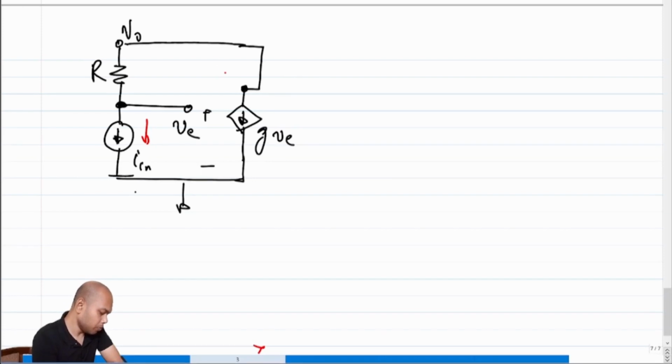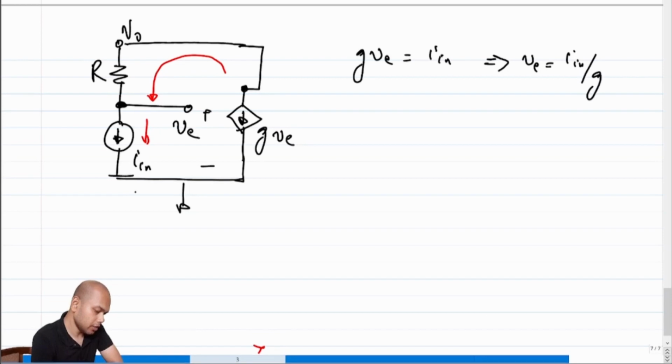There is only one loop, so I in is flowing through this loop. So what is G times VE? G times VE is equal to I in, which means VE is equal to I in over G, right?